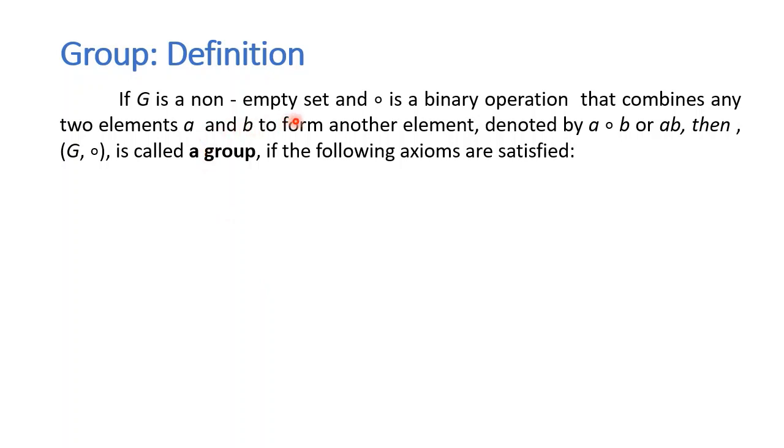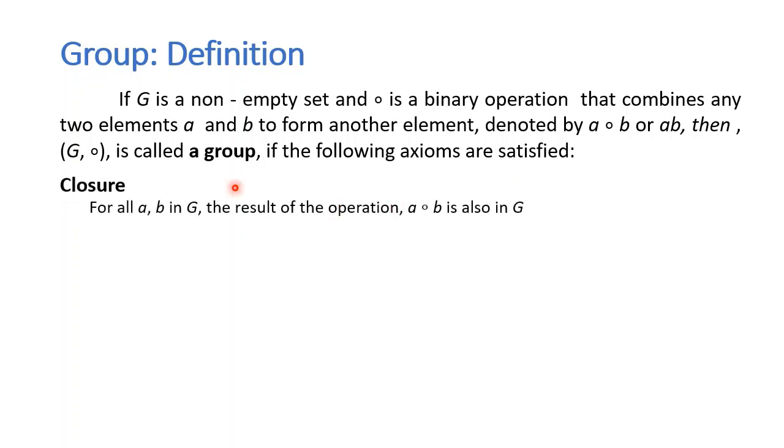We consider a non-empty set G and a binary operation dot. Binary operation means it combines any two elements to form another element. That new element is denoted by A dot B or simply AB. Then G comma dot is a group if it satisfies the following axioms.